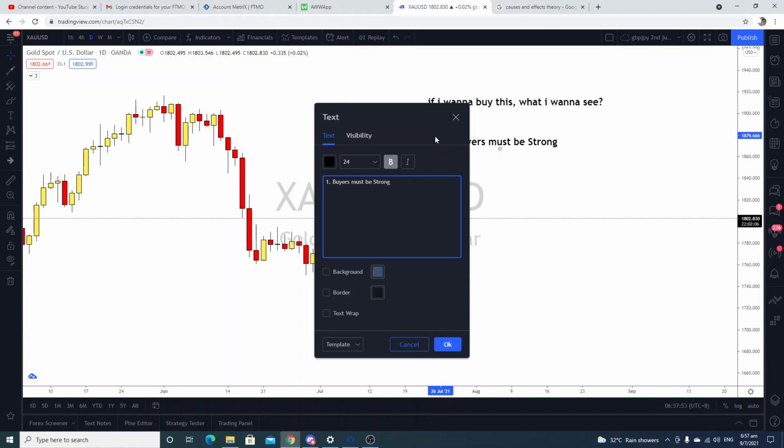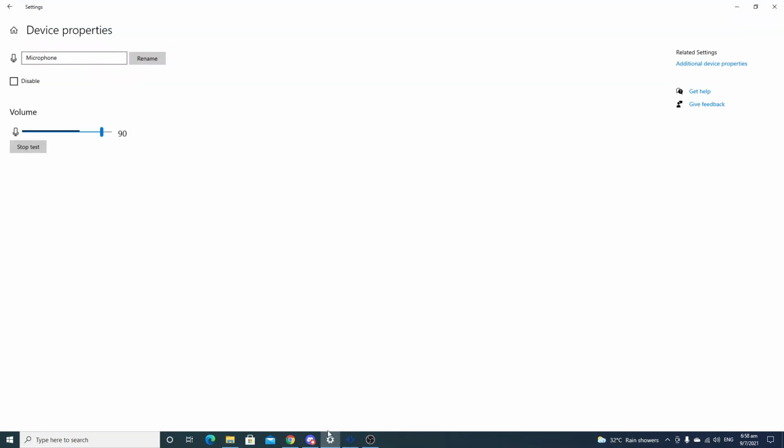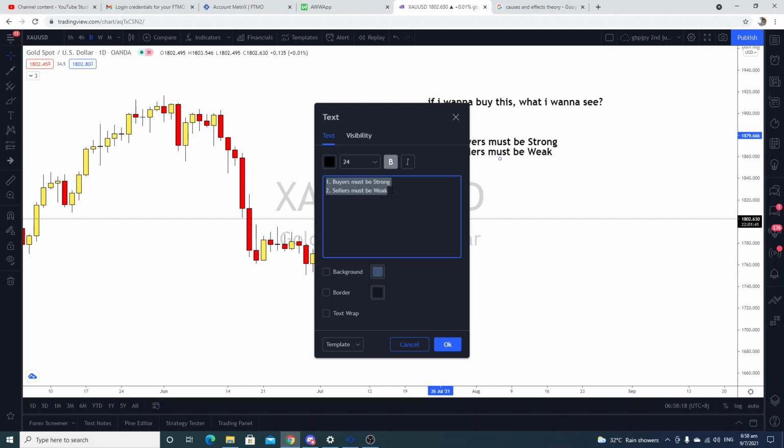Alright, sorry about that. Buyers must be strong. I must see big candles. Number 2, sellers must be weak. Weak means small candles by the sellers, which tells me they are weak, and it's time for me to enter.